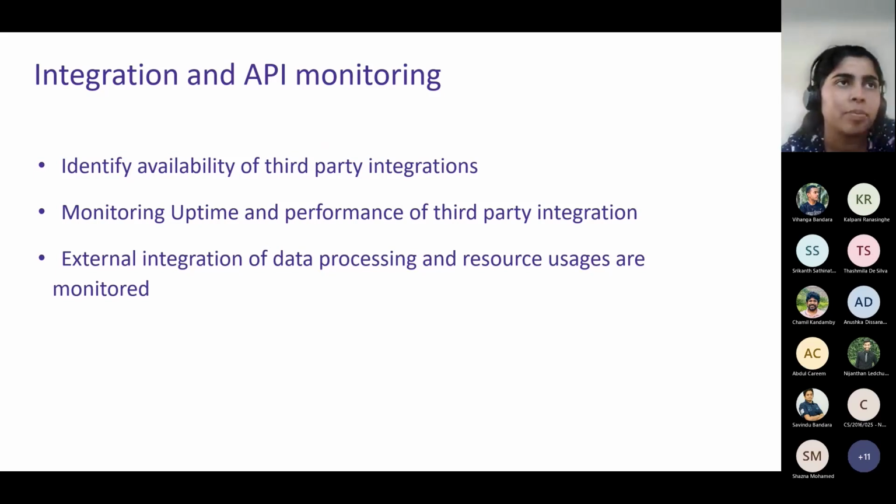As an example, there are several third-party integrations done when we do system development, such as SendGrid for email sending. Likewise, we use several third-party integrations with the systems. So we need to identify whether these third-party system integrations are working properly and delivering what we want.